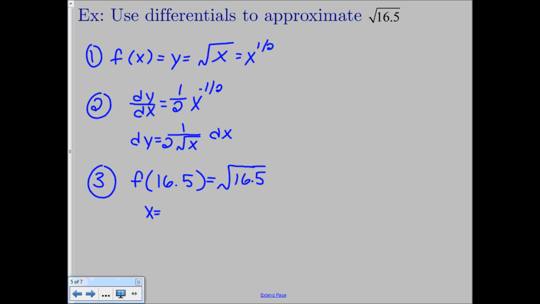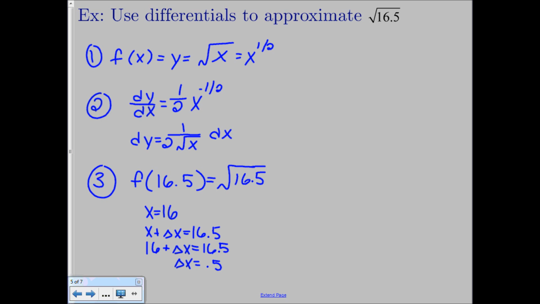So we're going to let x equal 16. So x plus delta x is supposed to equal 16.5. That means that if we know x is 16, now all we have to do is solve for our delta x. In this case, it's really easy to see that delta x is just going to equal 0.5.